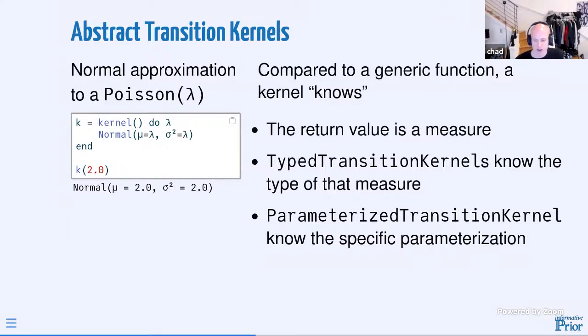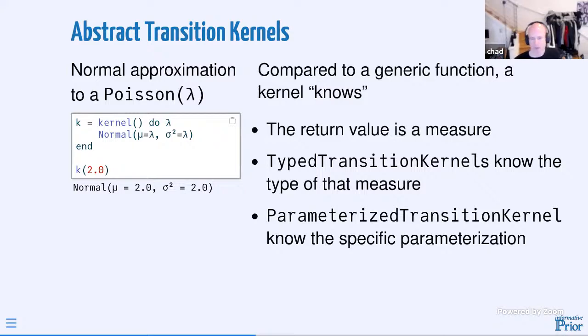A typed transition kernel knows that it returns a normal even without knowing what the argument is. And a parameterized transition kernel knows that it's a normal, and it also knows the specific parameterization. So there are different degrees of how much the kernel object might know.